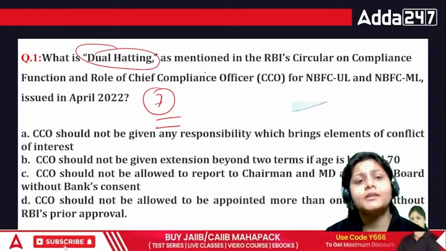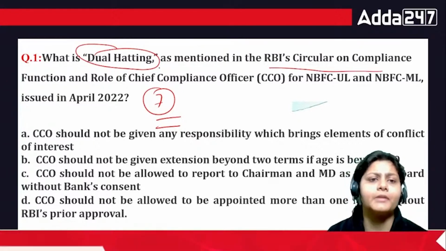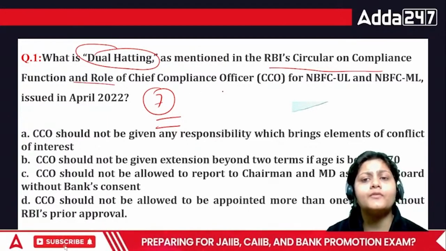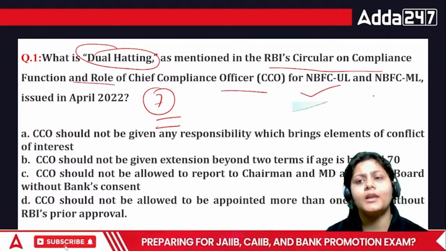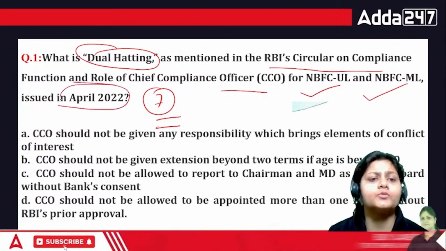What is the meaning of dual heading? As mentioned in the RBI circular on compliance function and role of CCO for NBFC UL and NBFC ML issued in April 2022.